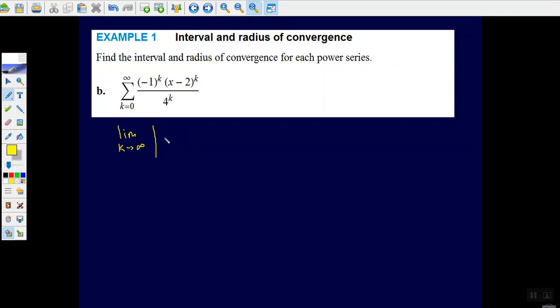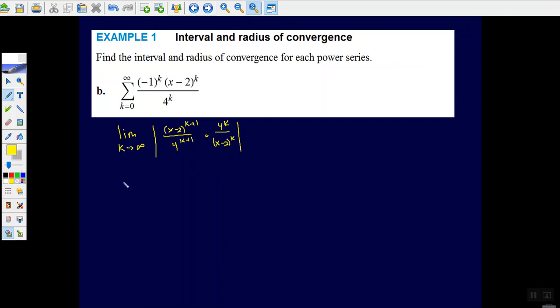the general term here. So the k plus first term is going to be x minus 2 to the k plus 1 over 4 to the k plus 1. And the reciprocal of the kth term will be 4 to the k over x minus 2 to the k.